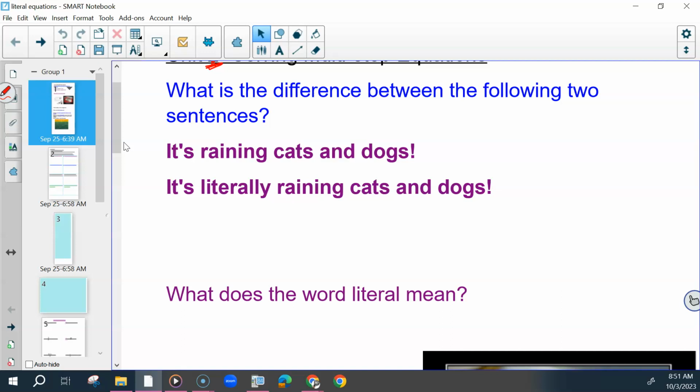There are actual cats and dogs raining from the sky. Yes. The figurative, it's an exaggeration. It's raining so hard, cats and dogs could be falling from the sky. That's how hard it's raining, but it's not actually. The second one is actually happening.